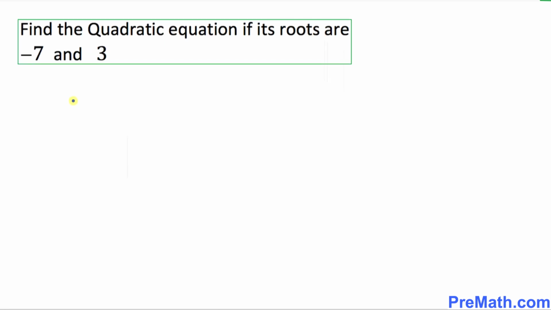And in this second problem, we are asked to find the quadratic equation if its roots are negative 7 and 3. So two roots are given. Negative 7, I'm going to call it our first root, and 3 is our second root.